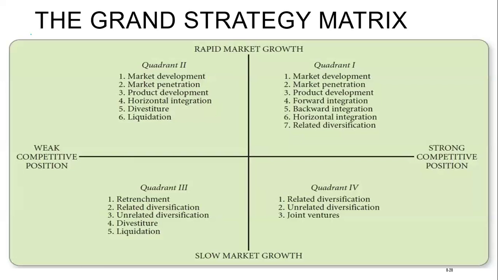And finally, when firms are found in the fourth quadrant of the Grant matrix, the implication is that the competitive position of the organization is very strong, whilst their market growth rate is quite slow.